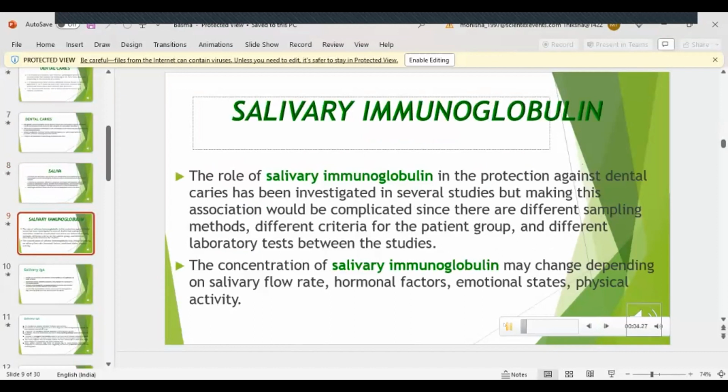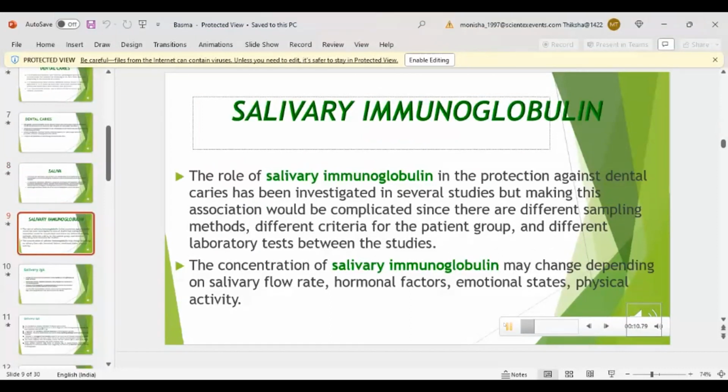So the salivary immunoglobulin's role is in the protection against dental caries. This has been investigated in several studies, but making this association would be complicated, since there are many different sampling methods, different criteria, different patient groups, and different laboratory tests.